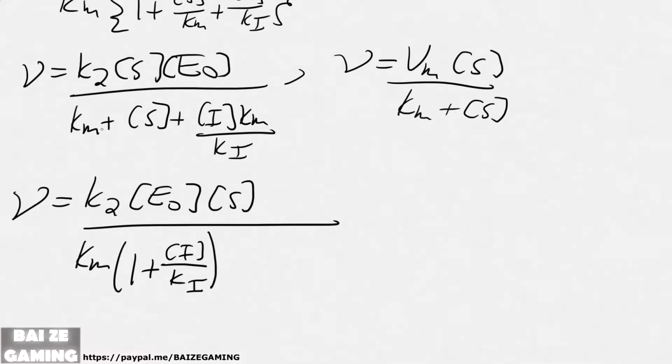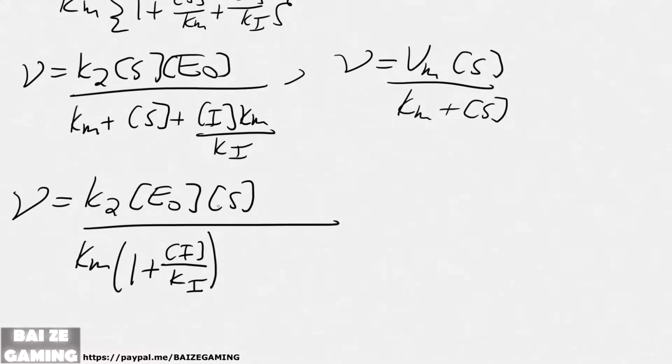Remember that Km, the Michaelis constant, is not proportional, it's inversely proportional to the reaction. So what I mean is that if you increase Km, you decrease the reaction rate basically. And if you have a lower Km, then it's better.